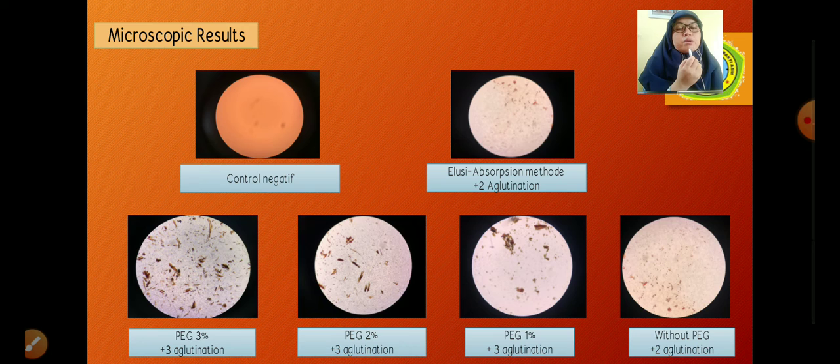PEG 3%, PEG 2%, and PEG 1% show positive 3 clumping or agglutination, and without PEG positive 2 agglutination. Here we can see the clumping.